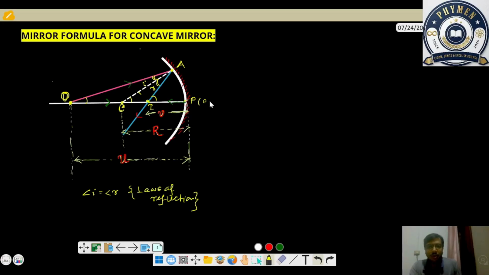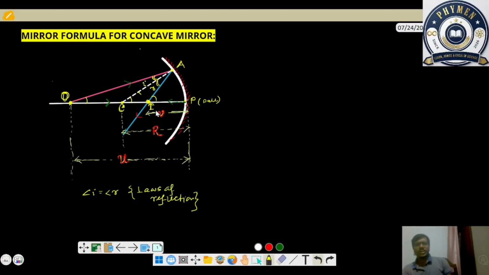Then it returns back through the same path, C, because this is the normal path. Angle of incidence will be equal to 0, so angle of reflection will also be equal to 0. So these two rays meet at this particular point I, and this is the image point of this object. This is the image of this object.